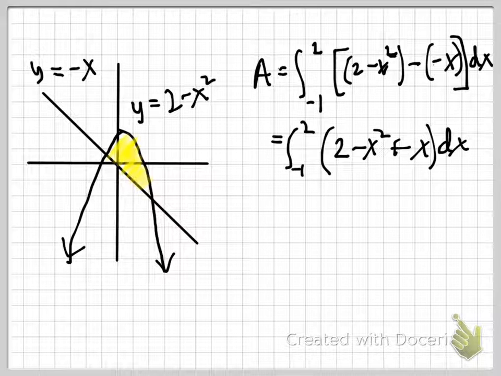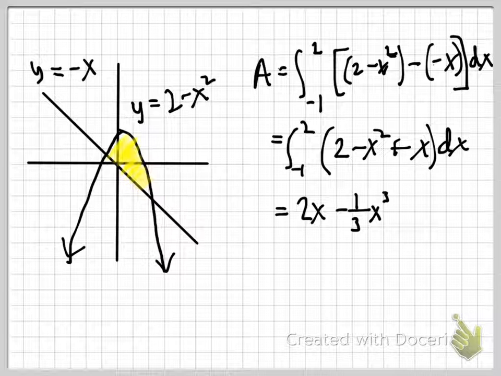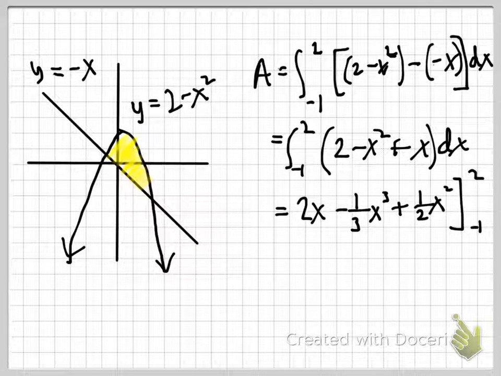The antiderivative of that would be 2x minus 1/3 x cubed plus 1/2 x squared from -1 to 2. And when we plug those in, the first value we would get would be 3.3 repeating.